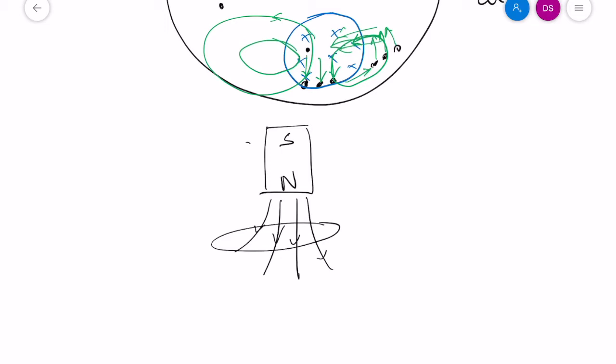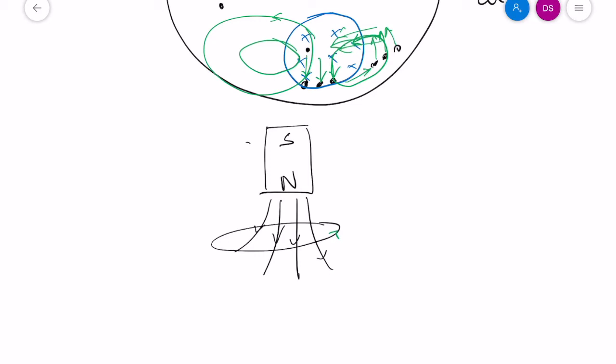So the loop wants to make its own magnetic field fight the increasing magnetic field. So it will try to send a current in this direction so that its magnetic field points upwards, and that will try to cancel out some of the increasing magnetic field.